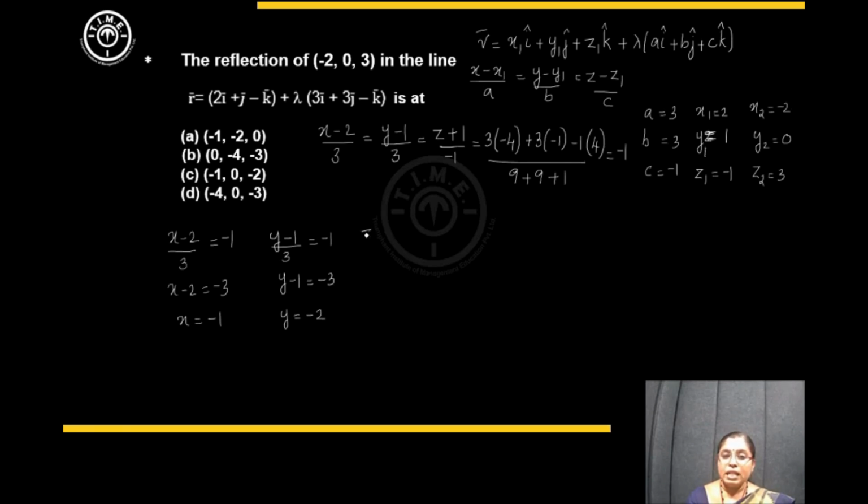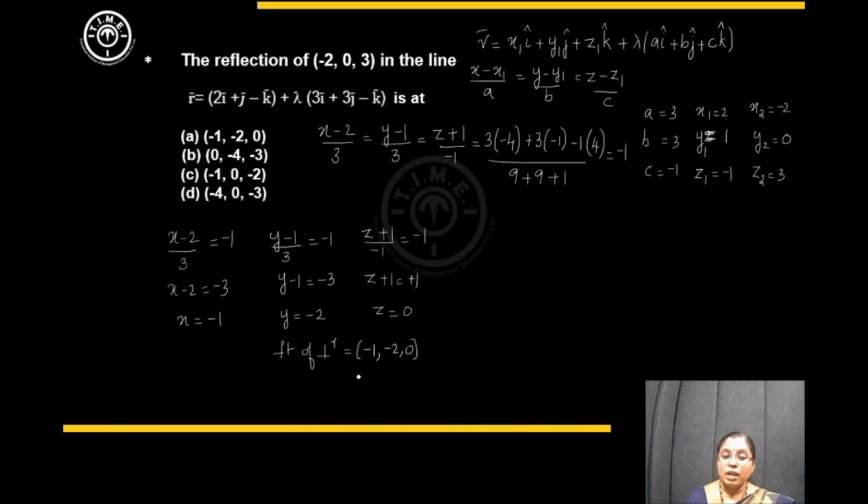And finally, (z plus 1) by negative 1 is negative 1, so z plus 1 equal to positive 1. So z is equal to 0. So we got the foot of the perpendicular, which is equal to (-1, -2, 0).